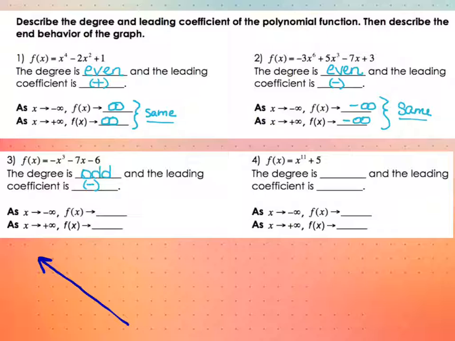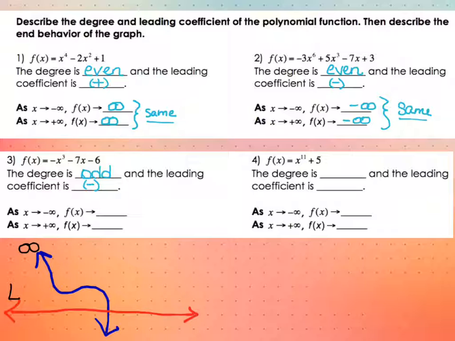Now this might look a little bit more like this in reality, but you can see that it kind of emulates that of a line. So again, if we put our number line on here, and we want to know what's going on on the left-hand side, the graph is going up, and on the right-hand side, the graph is going down. And so that's where these two answers come from.